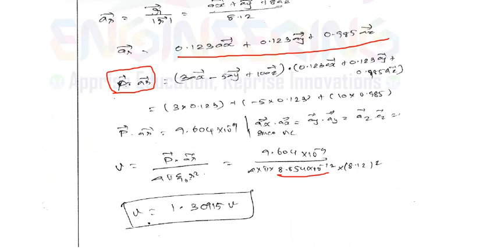So this is r square. Finally, after substituting everything you will get 1.30915 volt. In the previous formulas it is mentioned in terms of volt, that is what the value V is.